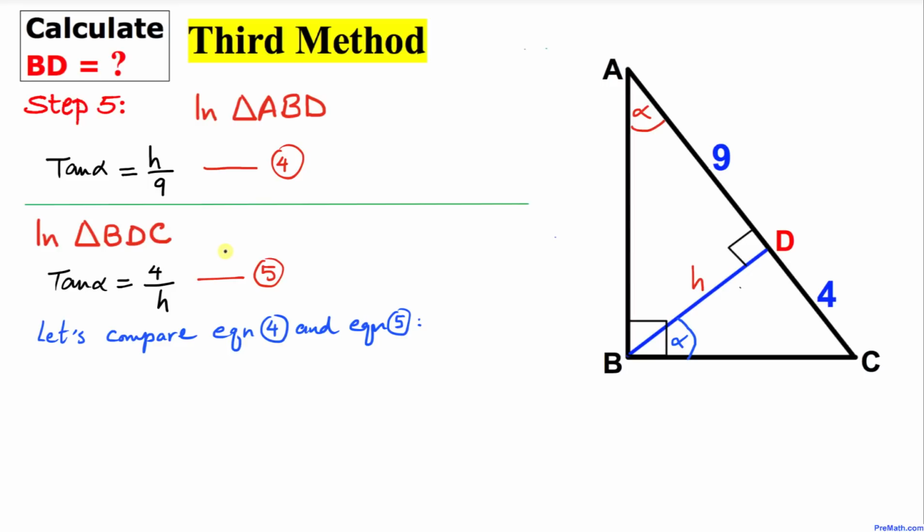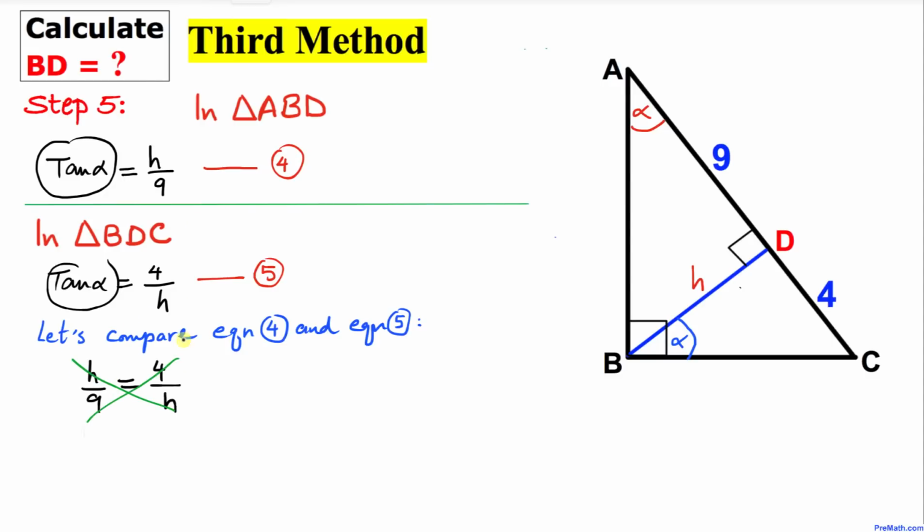Now we are going to compare equations 4 and 5. Since the left hand side is the same, we can equate the right hand side. I can write h over 9 equals 4 over h. Let's do the cross multiplication.